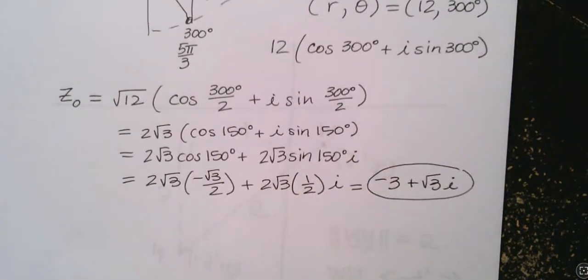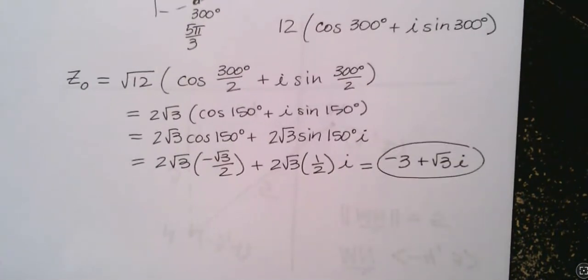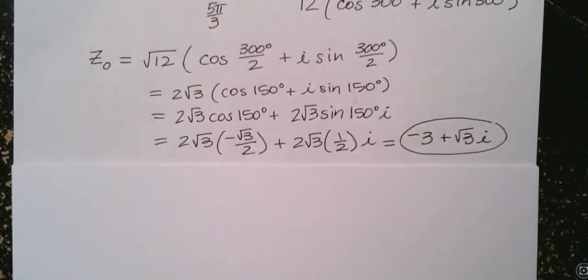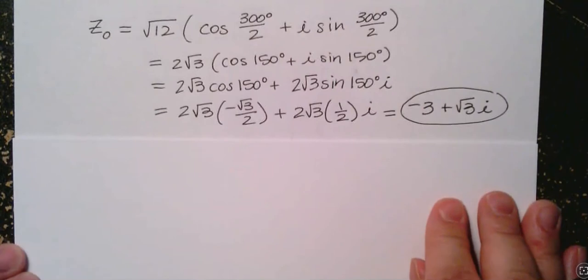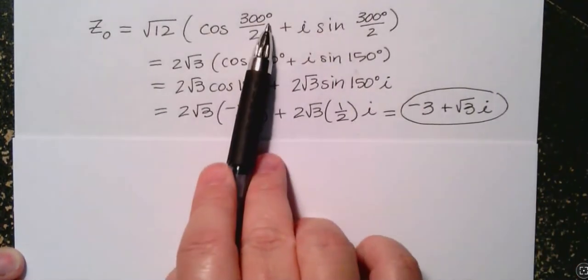I still have to go get z sub 1. So I'm going to do the same thing to get z sub 1. Let me give myself a little more paper here, a little more surface. The only difference for z sub 1 is that I'm going to have the plus 360 on there.